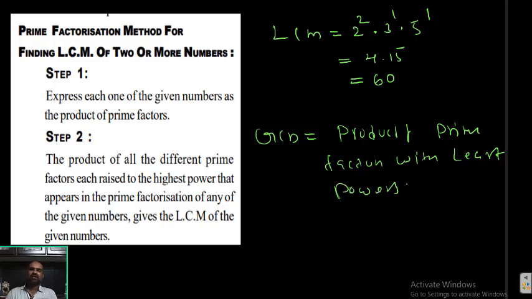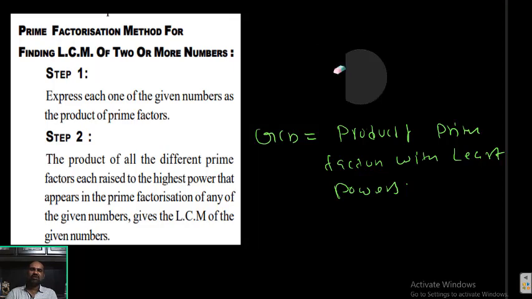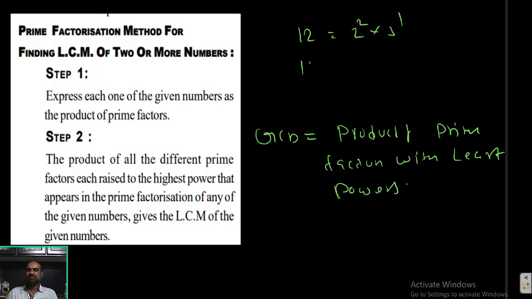Actually, what are the numbers now? 12 and 30. 12 is 2 square into 3 power 1, and 30 is 2 into 3 into 5.